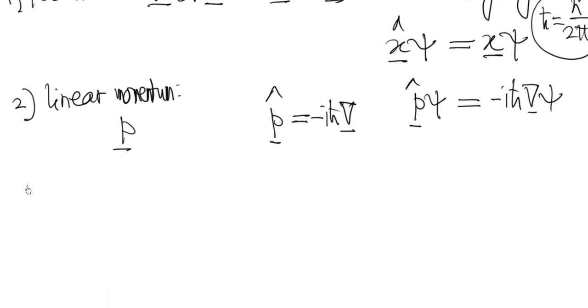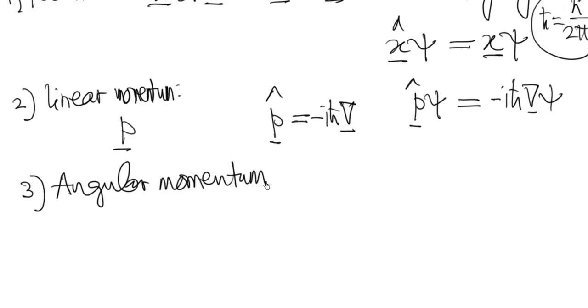The third physical observable we consider is angular momentum. It is denoted by small l, and the corresponding operator symbol will be small l hat.